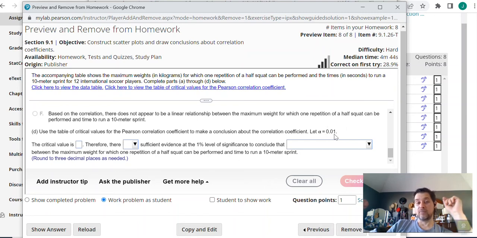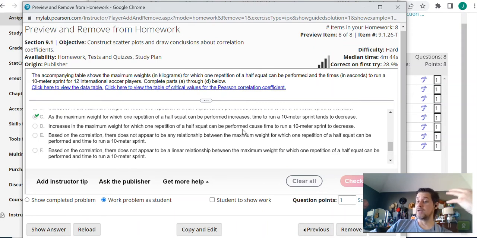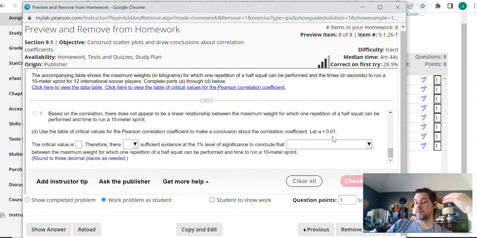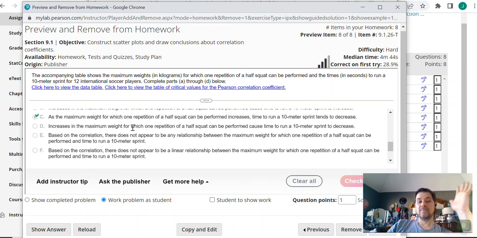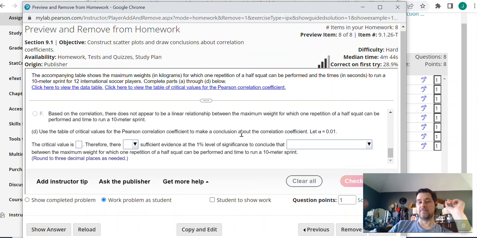Because 0.01 is 1 out of 100 times. If this was 0.1, then with these same numbers and same conclusion, I would be wrong drawing that conclusion 1 out of 10 times, okay? So that's what alpha does. Now this is pretty small, so whatever I'm about to do will tell me that yes, I can safely draw this conclusion 99 out of 100 times, okay?